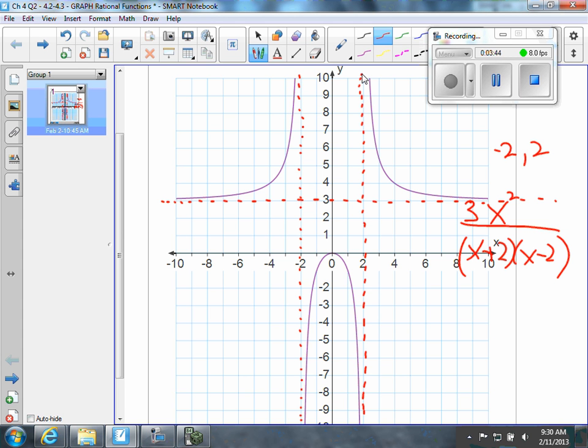Now the other thing that I know is that I have an x and y intercept right there at 0. I have an x-intercept that's really the one that I'm concerned about right there at 0.